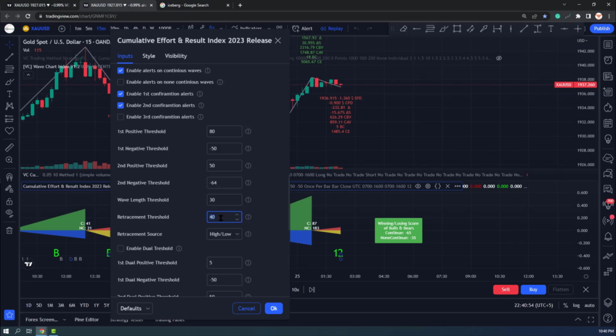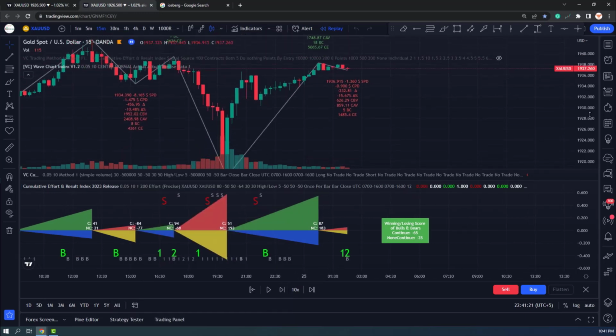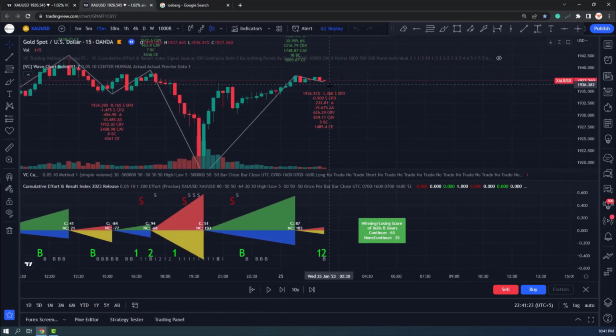So here, for example, if I put here 30% retracement, when the price retraces 30% and fulfills our first and our second threshold as well, it will trigger this alert only, otherwise no. So in this case, like here, the price has not retraced 30%.